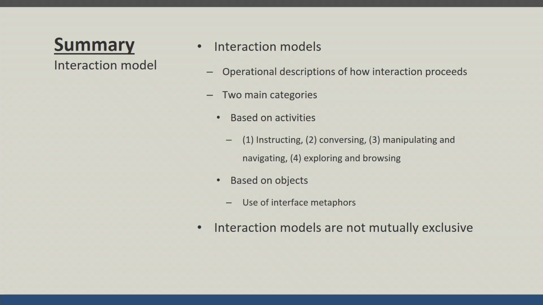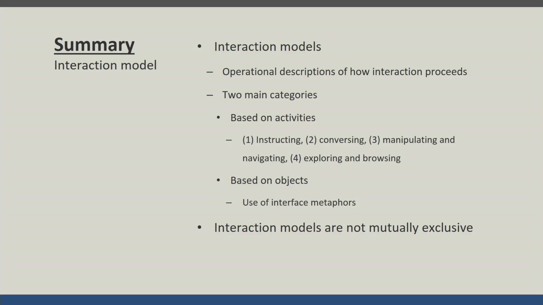So that brings us to the summary of today's session on interaction models. Interaction models are operational descriptions of how interaction proceeds. There are two main categories which we had seen. The one based on activities: the first one instructing, second conversing, third manipulating and navigating, and fourth exploring and browsing.